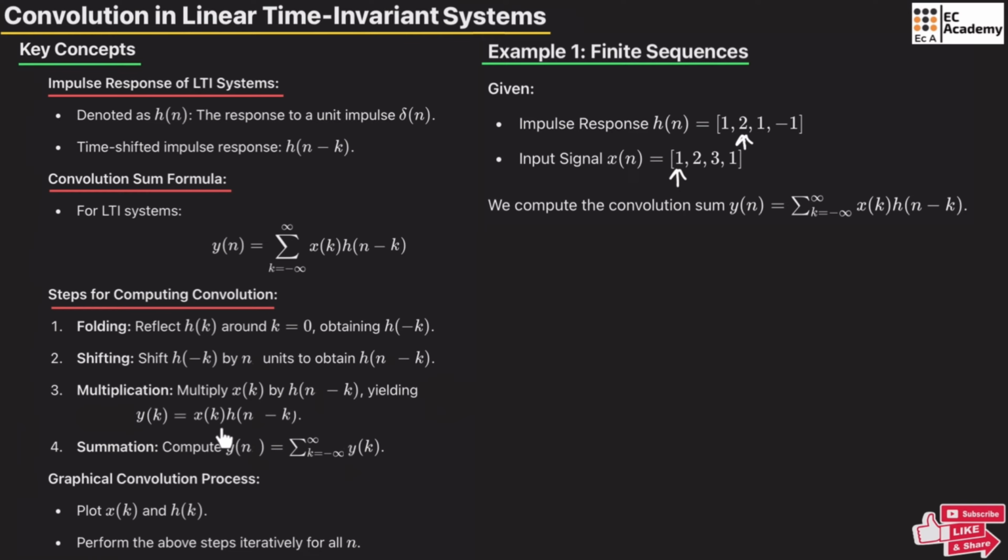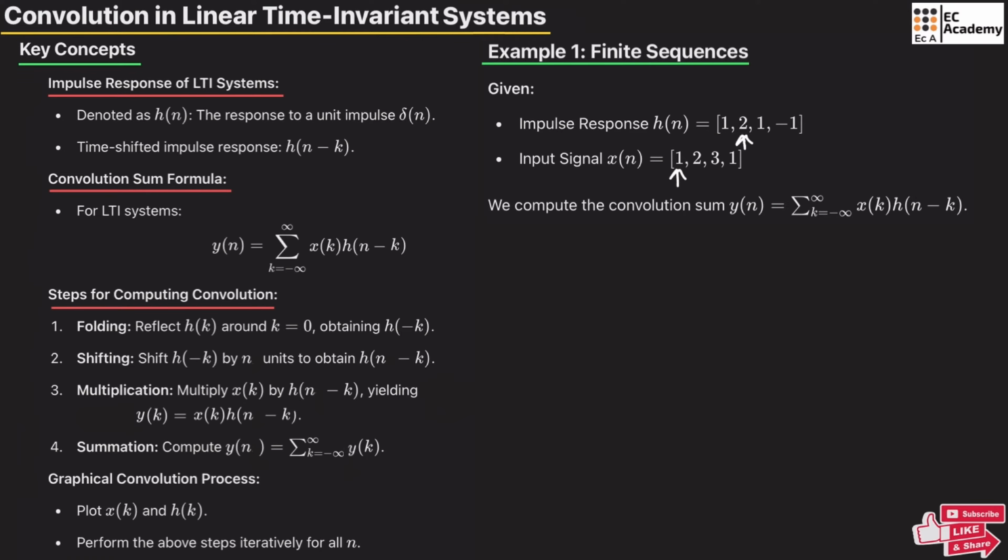So here x of k into h of n minus k, we take it as y of k, and for different values of n, we will find different y of k values, and then we will take the summations to get y of n. So graphical representation of this convolution sum can be obtained by plotting x of k and h of k, and we need to perform all these steps and we will get the output.